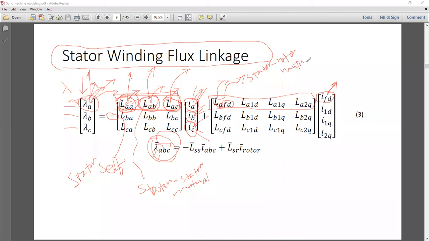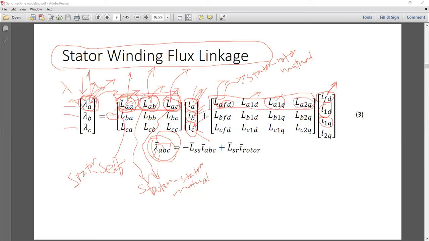So both of them are mutual, but their locations, their positions are different. So LAB and LAC both belong to this family. LAA is a stator self-inductance. LAFD, this is the mutual inductance between stator coil A and the field coil. Similarly, LA1D and I1D will provide some part of lambda A. LA1Q and I1Q will provide some part of lambda A, and so on.